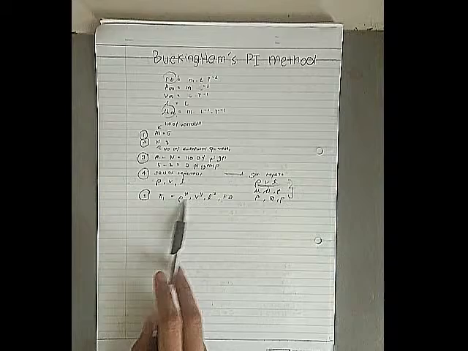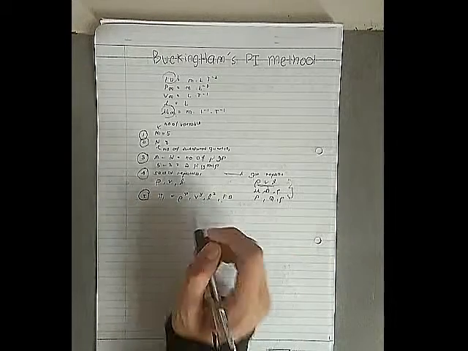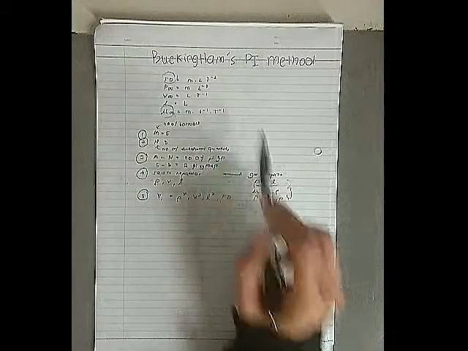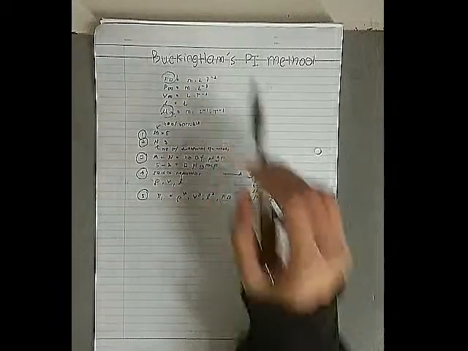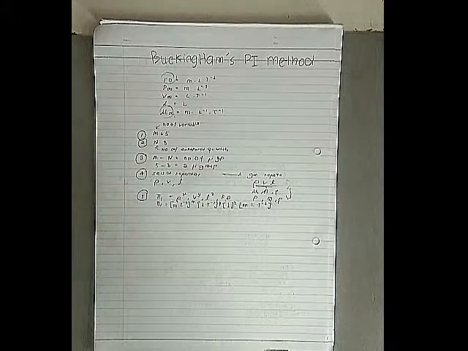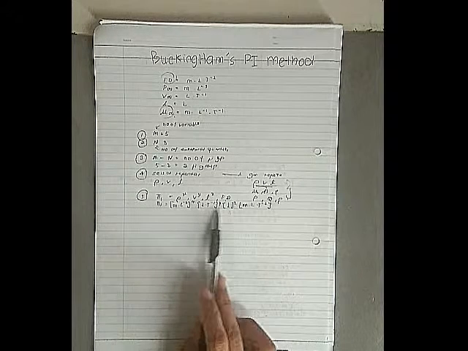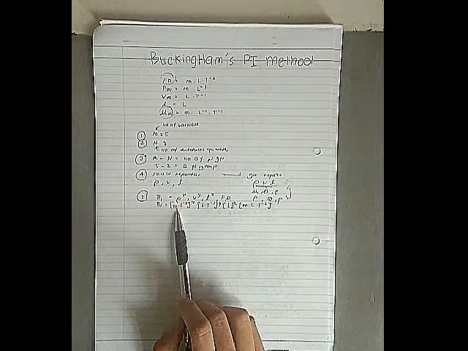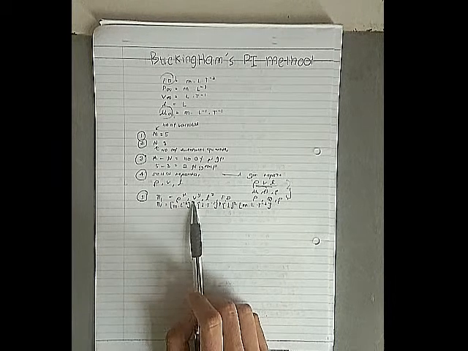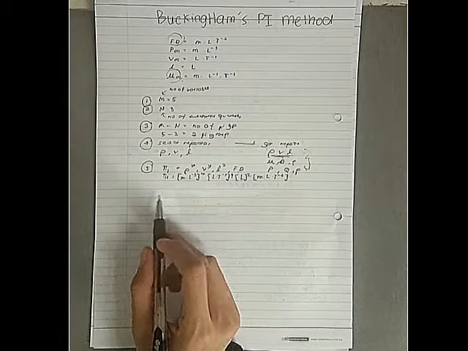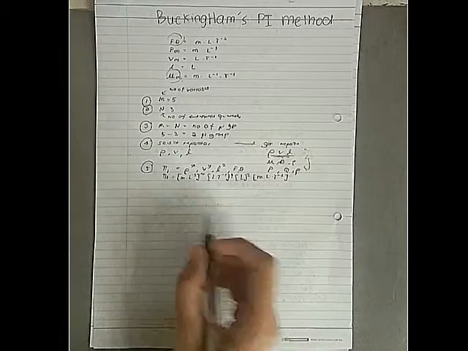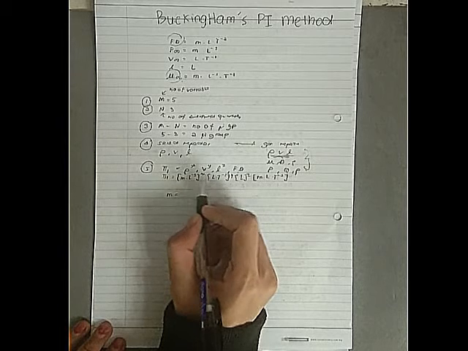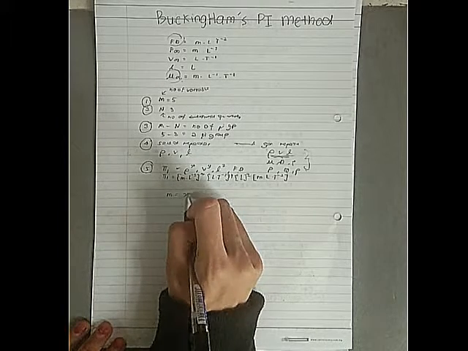Then we turn all the variables into dimensional quantities. This will become this, this will become this, and this will become this. Don't forget the force also becomes this. And don't forget the unknowns. After we change the variables into dimensional quantities and put in the unknowns, we make 3 equations from them. For M, x has 1 M, so we put x here.